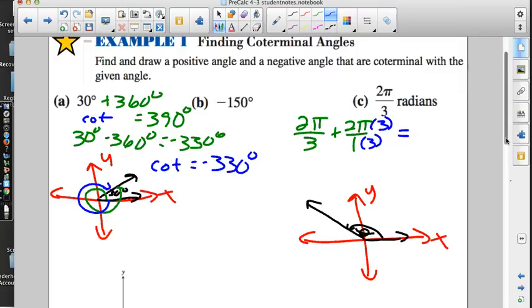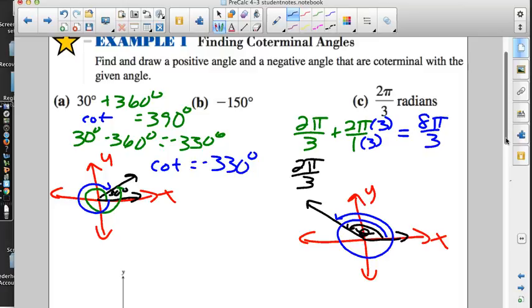So we'll really have 2 pi plus 6 pi, which would give us 8 pi over 3. But the drawing's not tough, because we know what we just did. We just added a rotation. So we go back and say, okay, we started here, but this time we went around and came back to that terminal side.